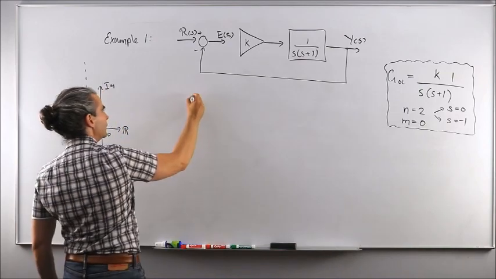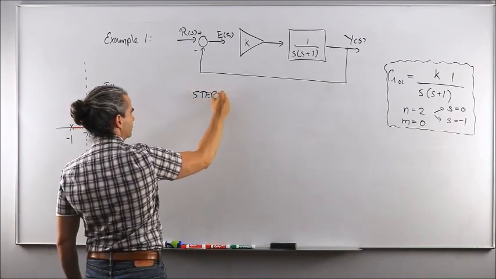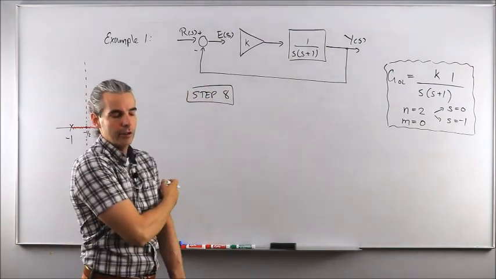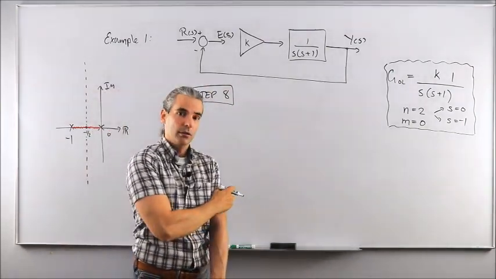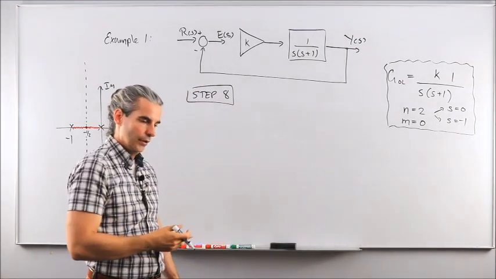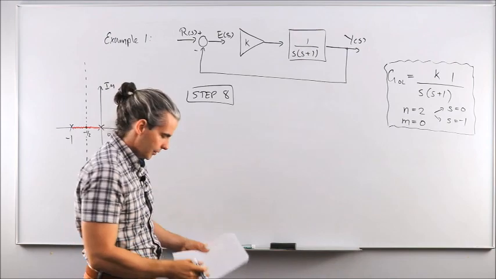Step 8. That's where we were talking about arrival and departure angles from poles and to zeros, okay?